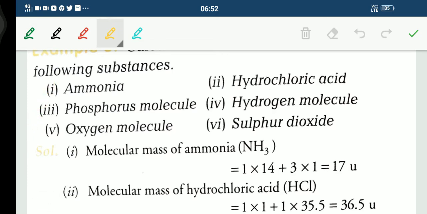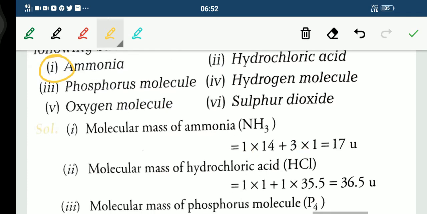See, the first one is ammonia. So first of all, if any substance comes in your examination and you need to find out the molecular mass, for example ammonia, what you need to do is simply write down the elements present in it. You can see here we have nitrogen and hydrogen. Nitrogen has only one atom, so we do 1 multiplied by the atomic mass of nitrogen.